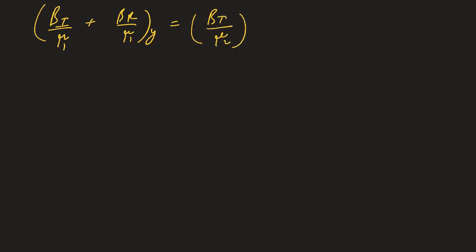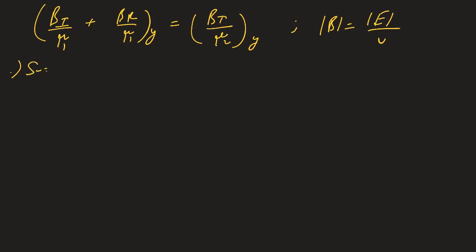So we can write an equation for that. B incident over mu 1 plus B reflected over mu 1, their y component, is equal to B transmitted over mu 2, its y component. We know that mod B is equal to mod E over the velocity.